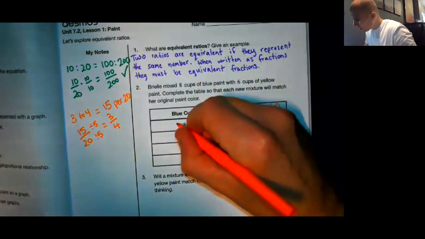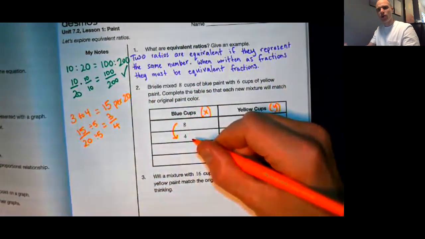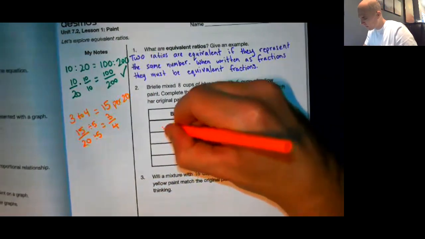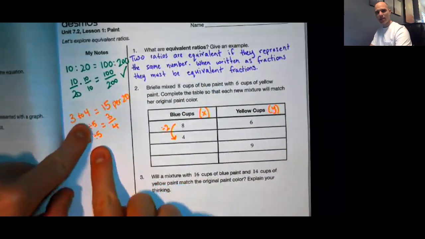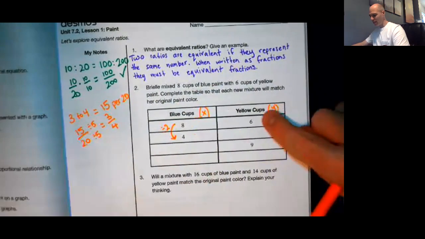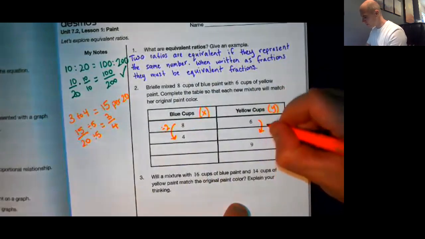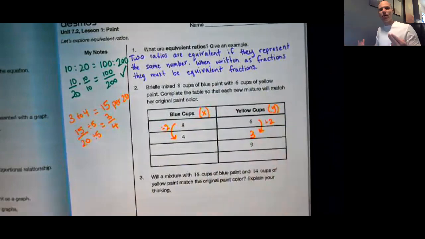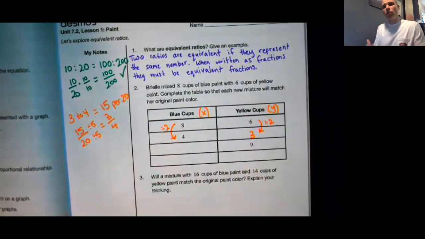So I look at what's going on here. 8 to 4: in order to get from 8 to 4, I would divide by 2. Well, if I'm thinking of it exactly the same as over here, I just need to do the same thing to this side, divide by 2, and I get a 3, and now I know I've got an equivalent ratio. 8:6 is the same thing as 4:3. That's one way to do this.